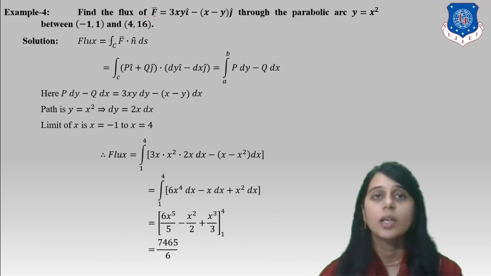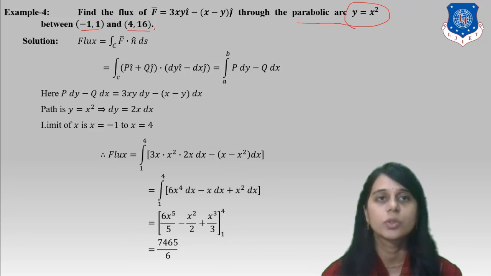Find the flux of F bar equal to 3xy i caret minus xy j caret through the parabolic arc y equal to x square between minus 1 to 1 and 4 to 16. Now formula of the flux is integration over C F bar n caret ds. F bar is p i caret plus q j caret. n caret ds is dy i caret minus dx j caret.